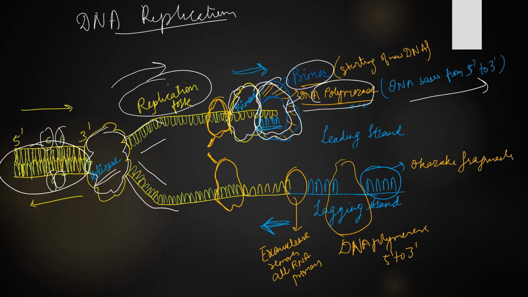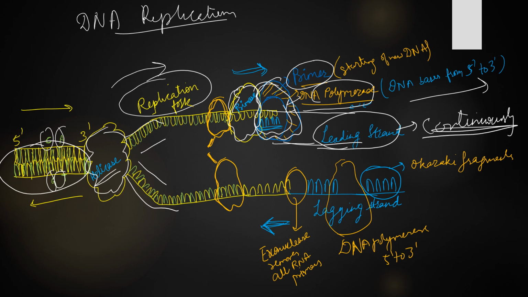Due to this, one strand is formed continuously, and that's why it is called the leading strand. The leading strand is formed without any interruption, by the action of DNA polymerase.